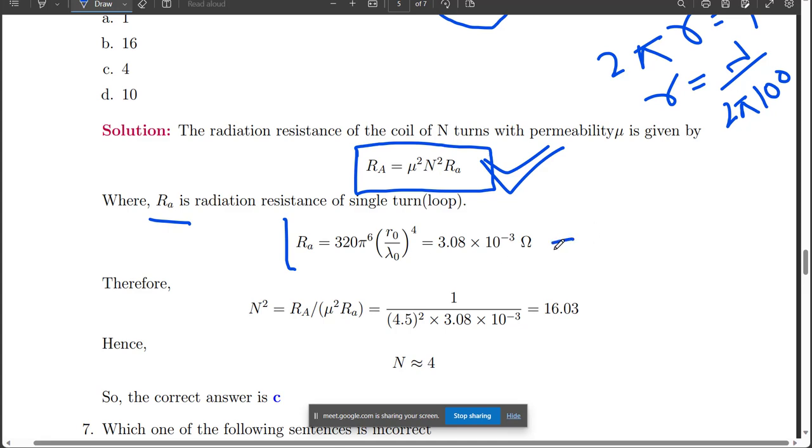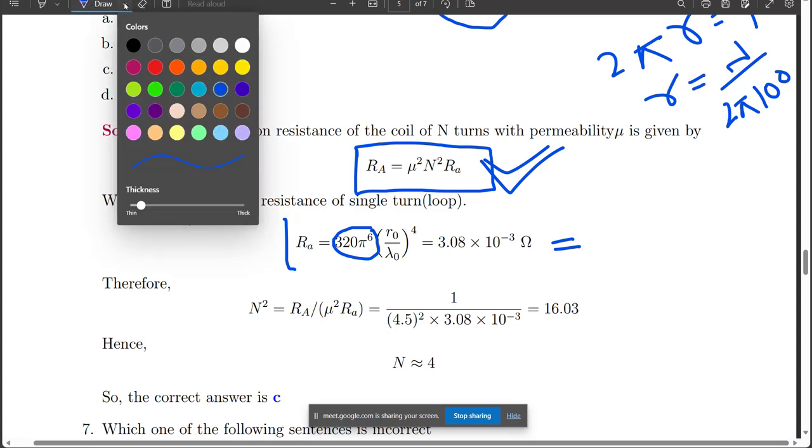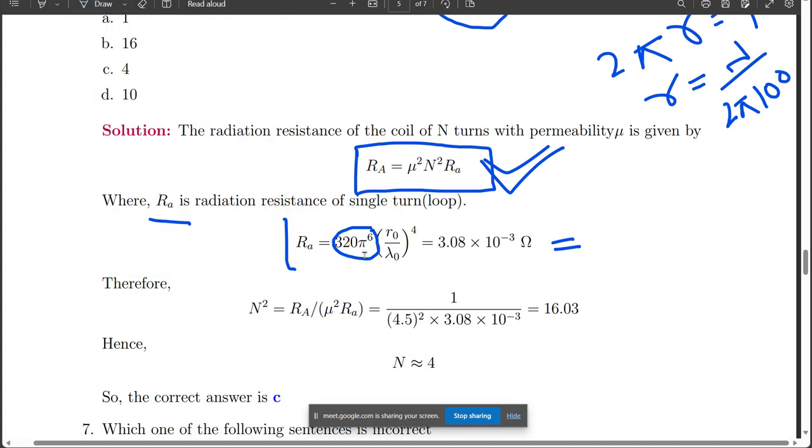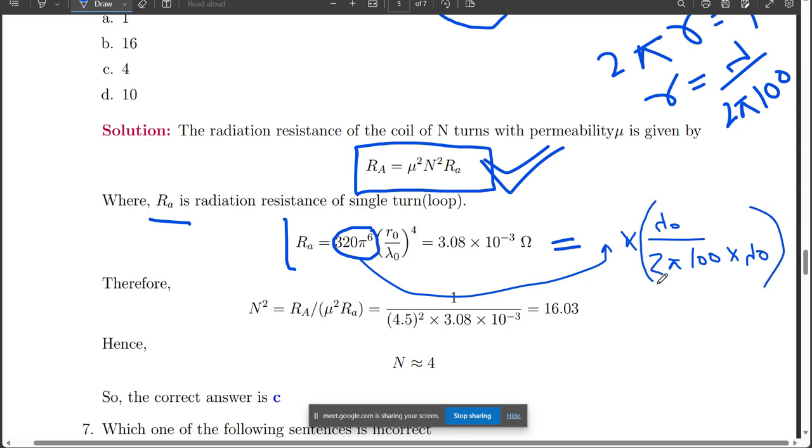How much will it be? 320 pi by 6 into 1 by 2 pi 100 to the power 4.